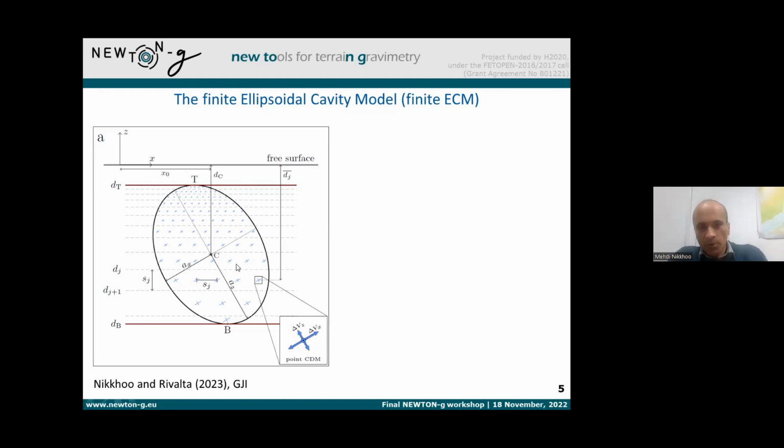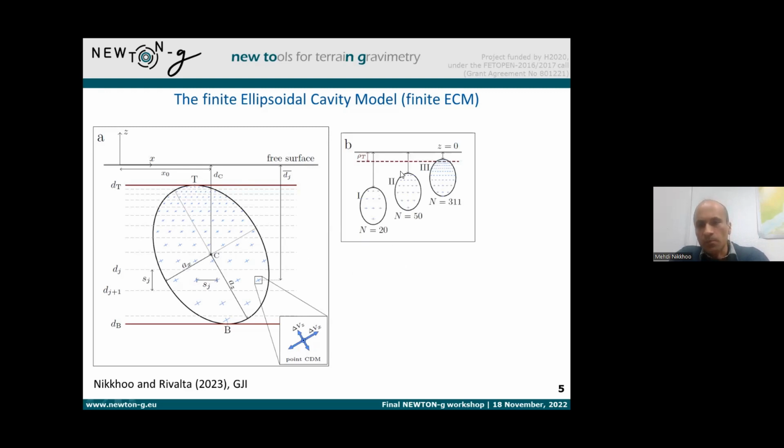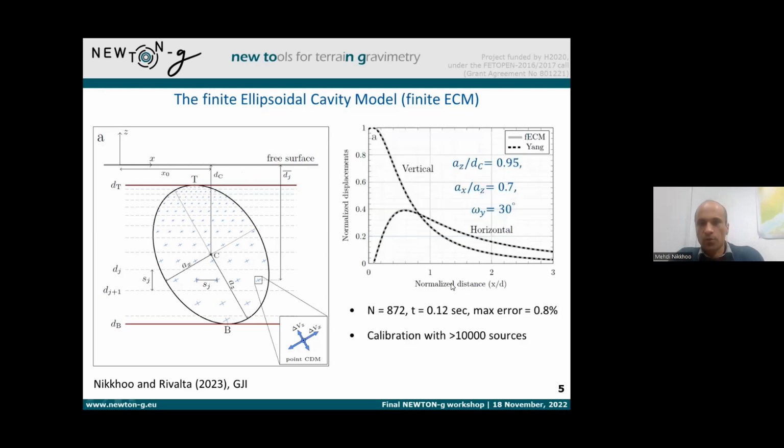We found a minimum number of point sources that can be put together in this configuration and give us the solution for a finite source. So you see that if we have the same cavity at different depths, we need a different number of point sources to simulate the surface deformations and gravity changes associated with this deformation source.